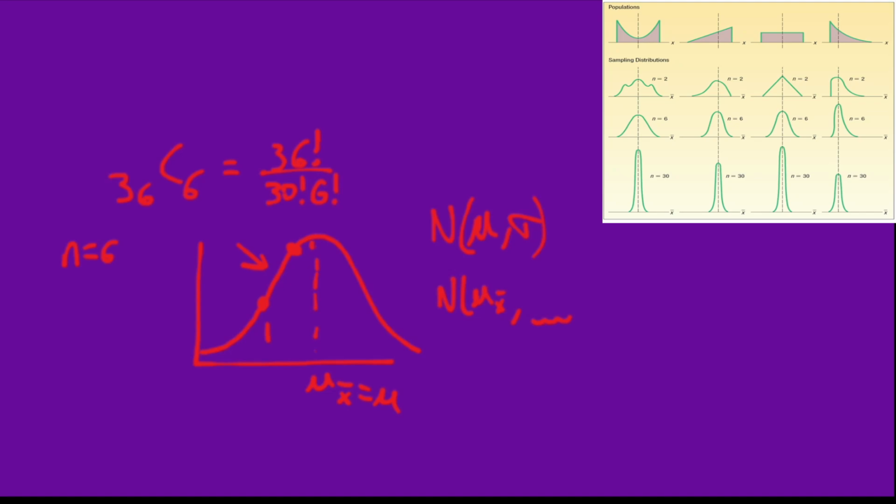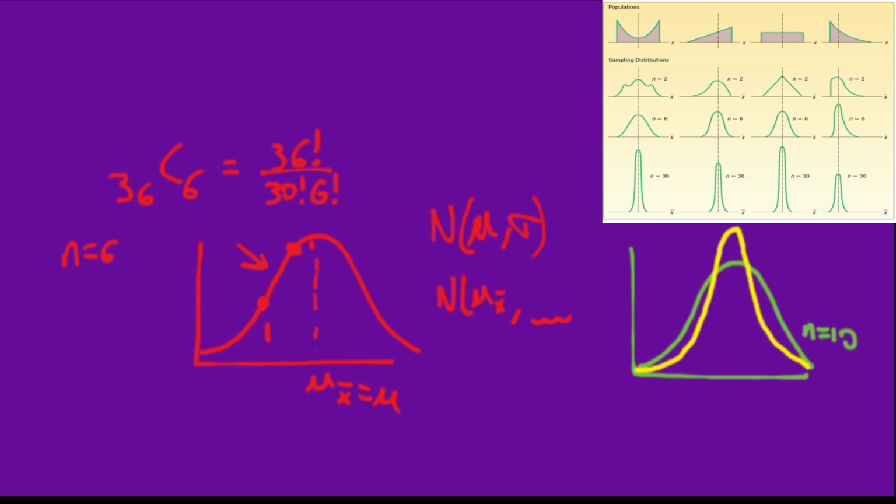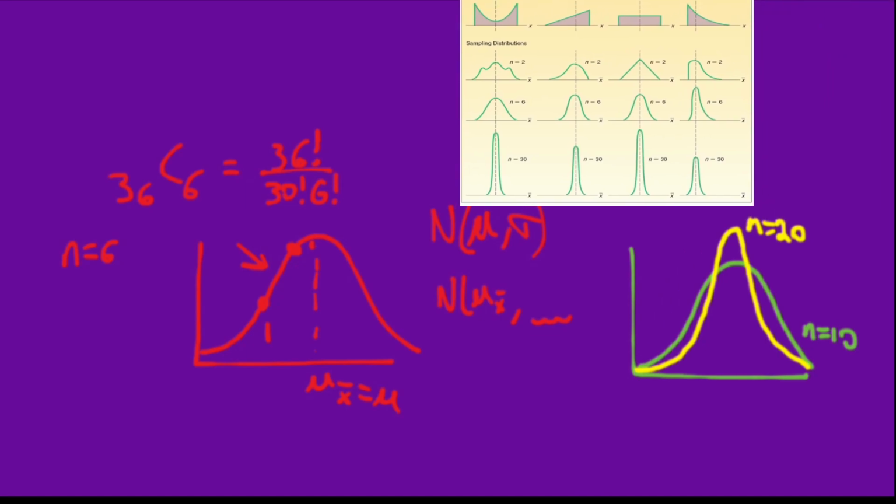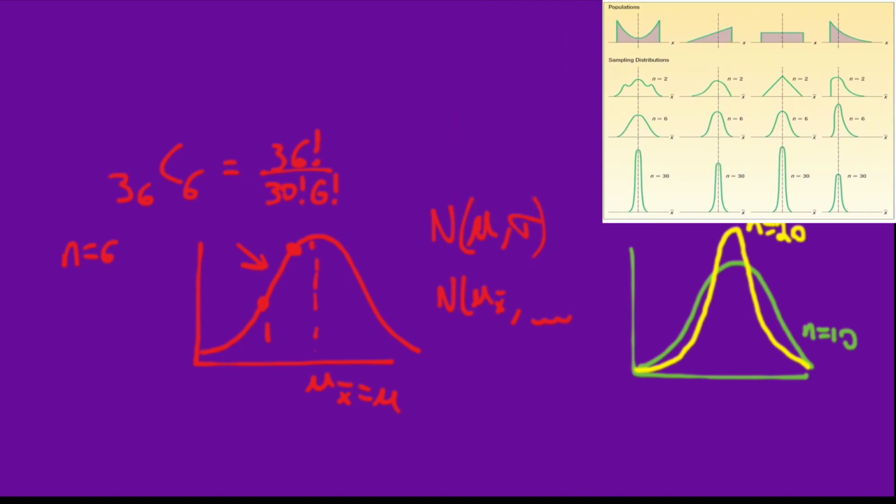Same population, but if we increase the sample size from n equals 10 to n equals 20, we're going to get a better, tighter distribution. That result is important, and in fact, what we've been wanting is, what is this standard deviation?